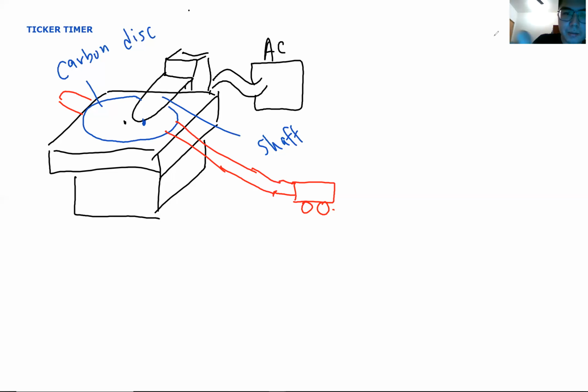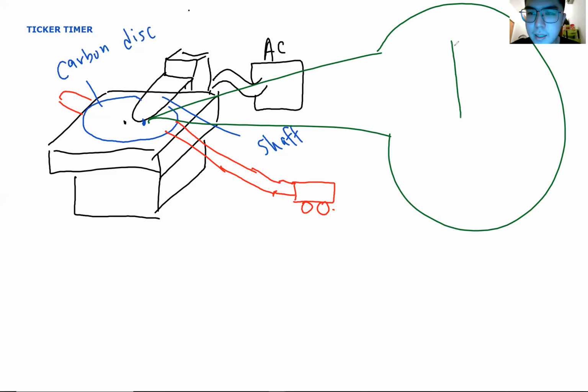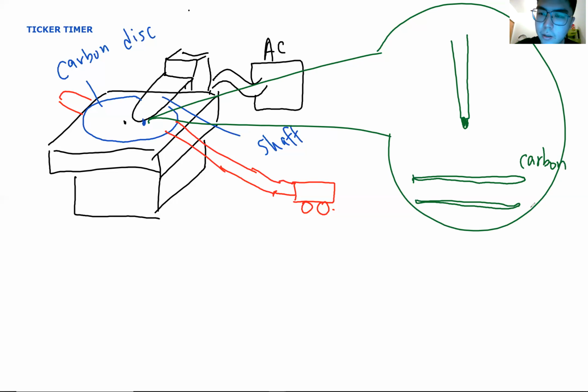I zoom out the shaft, down the shaft, this one. It looks like this. 这个是那个尖尖的头. Okay, and then this is the... Can you imagine you're looking at 2D. This is the carbon disc, the carbon layer, and below is your ticker tape, right?